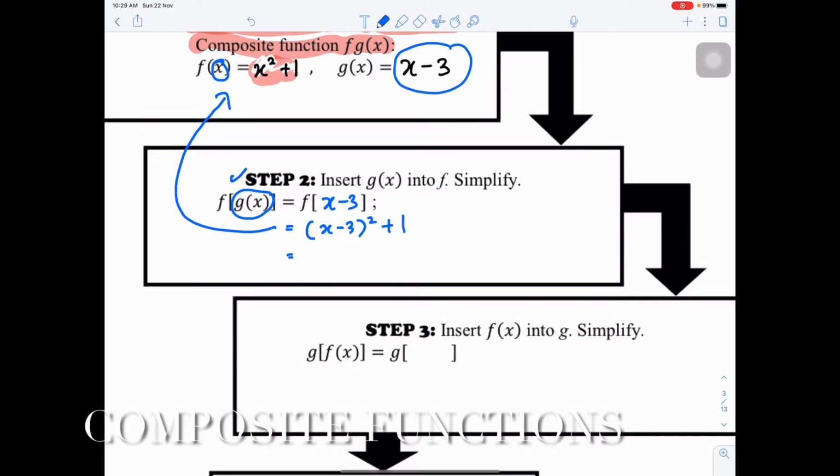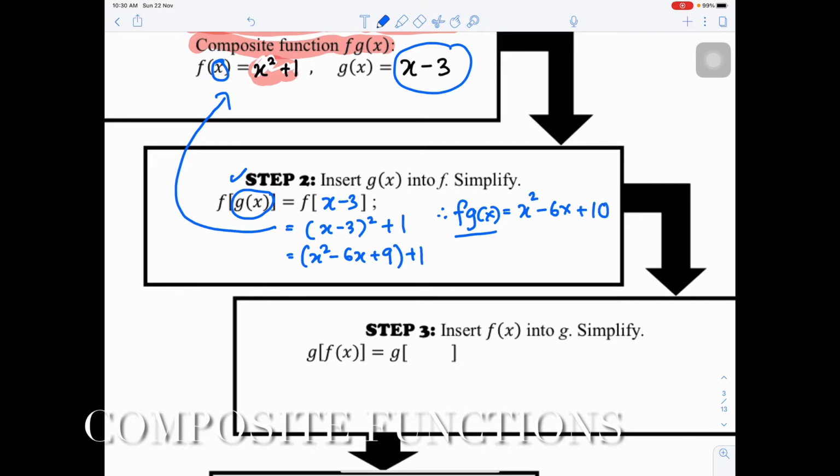Then expand, so you get x squared minus 6x plus 9 plus 1. Therefore the composite function f(g(x)) equals x squared minus 6x plus 10.